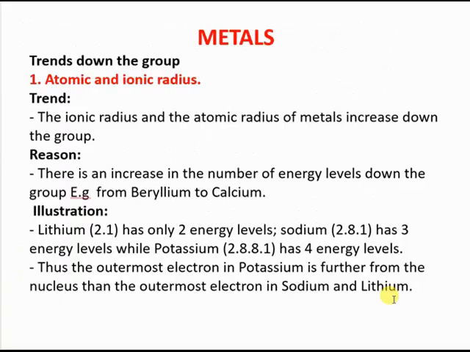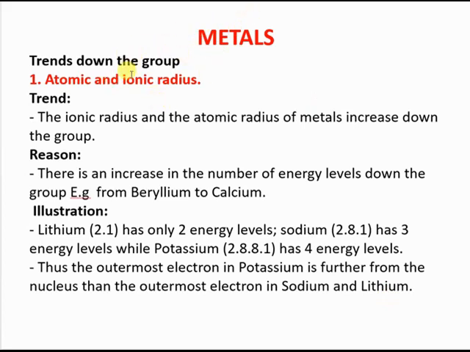The trends down the group. We want to look now at the groups, because we have groups containing metals and groups containing nonmetals. So that's why I have specified that now we are going to look at the trends down the group of metals.